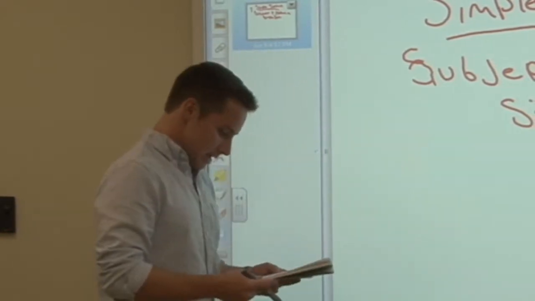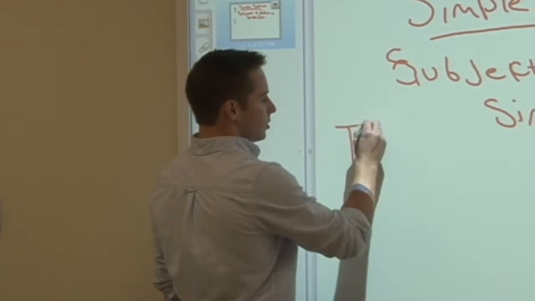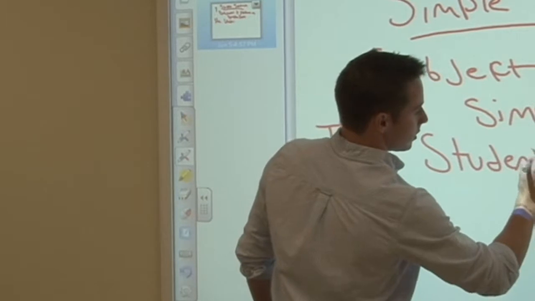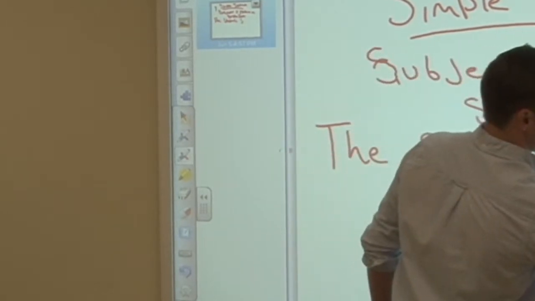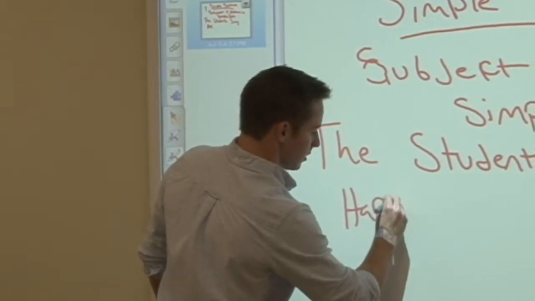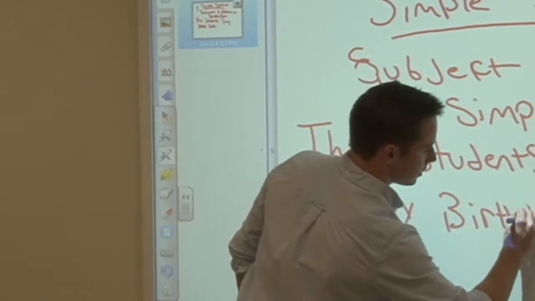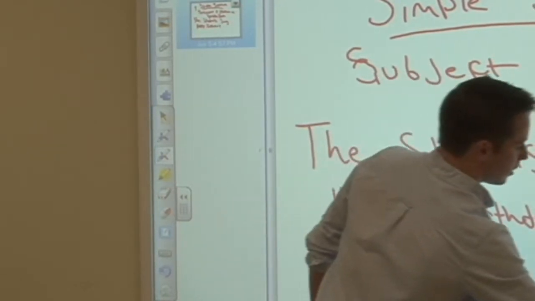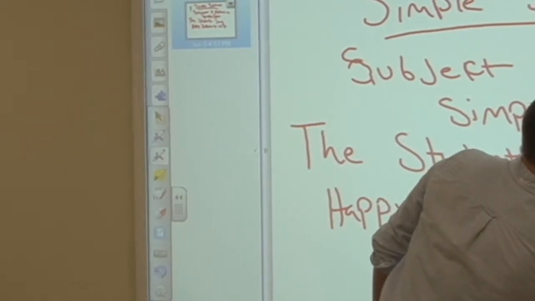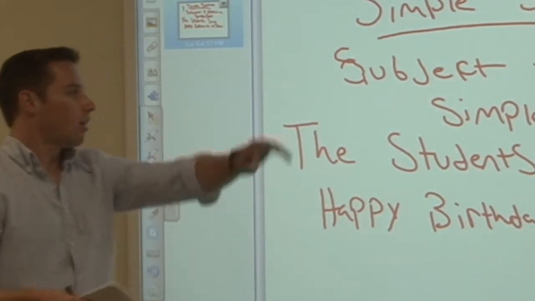Pretty simple, huh? So, an example would be: these students sang happy birthday to Miss DeLay. So, someone please raise your hand and tell me where the subject and the predicate are.